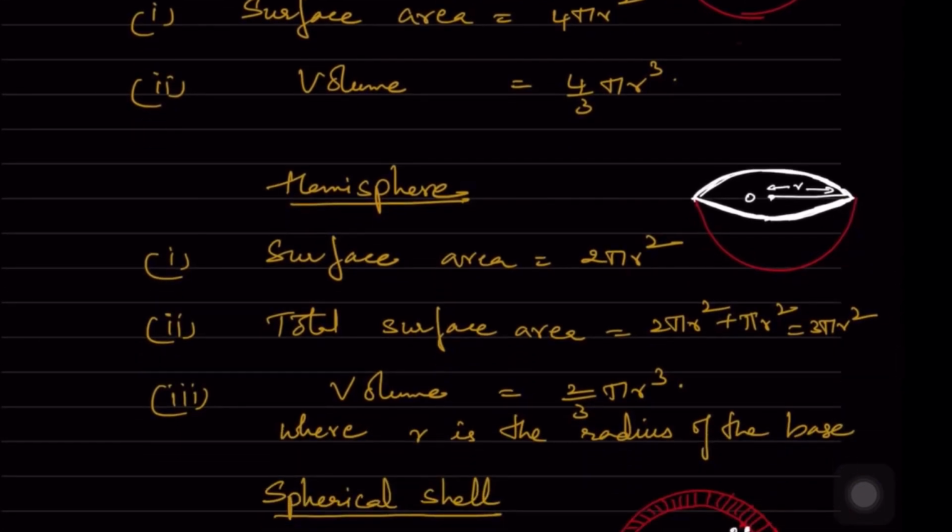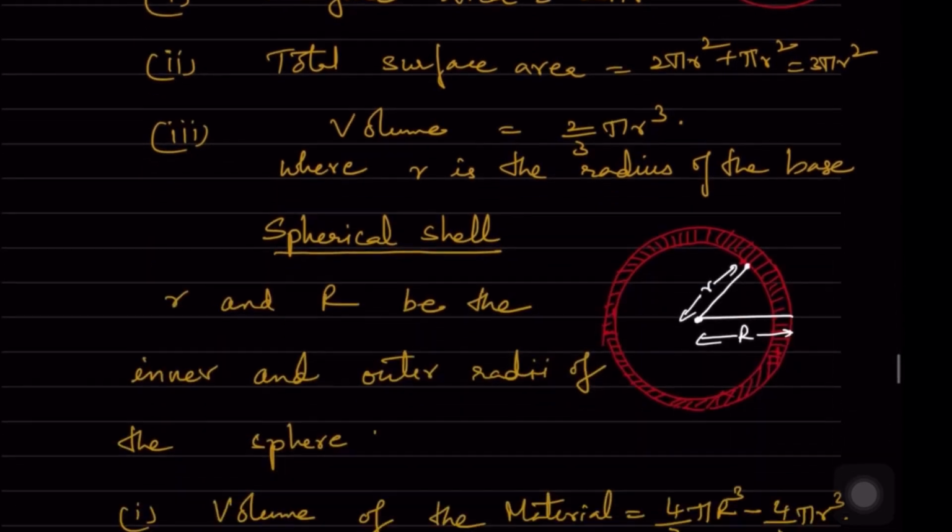Now a hemisphere, surface area is equal to 2 pi r square, that is when it's open on the top. And total surface area, when it's closed, you have to find the area of that base. So you get 2 pi r square plus pi r square, which is equal to 3 pi r square. Then volume is equal to half of the volume of the sphere, which is 2 by 3 pi r cubed, where r is the radius of the base.